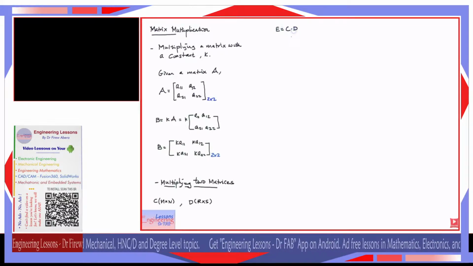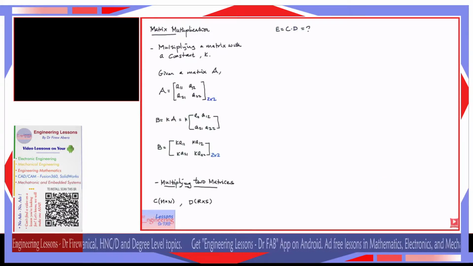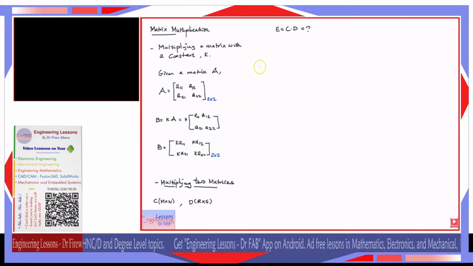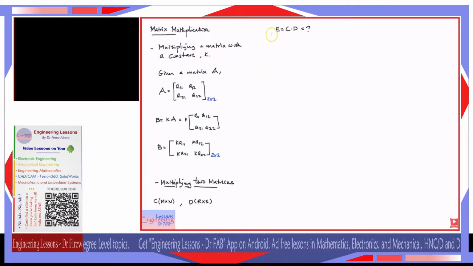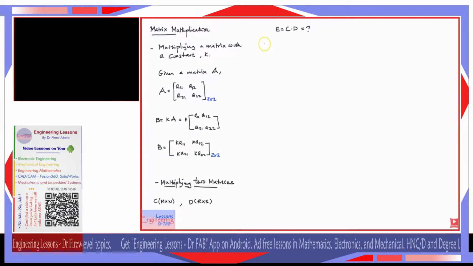Now, matrix multiplication requires the following two important rules.